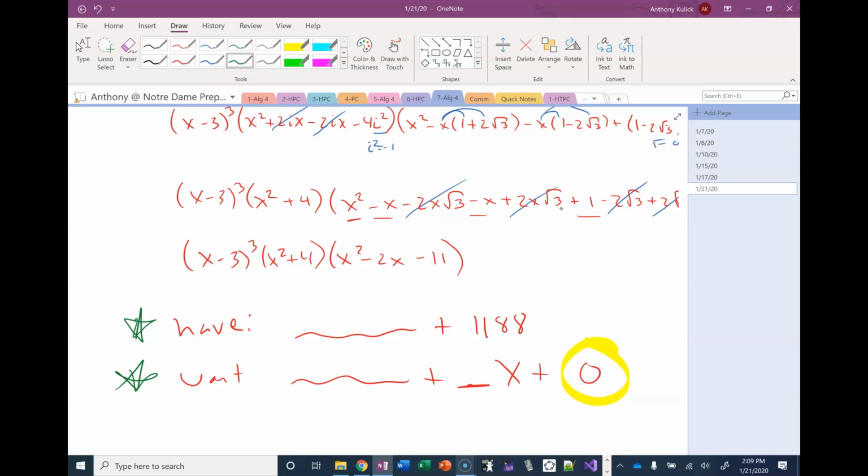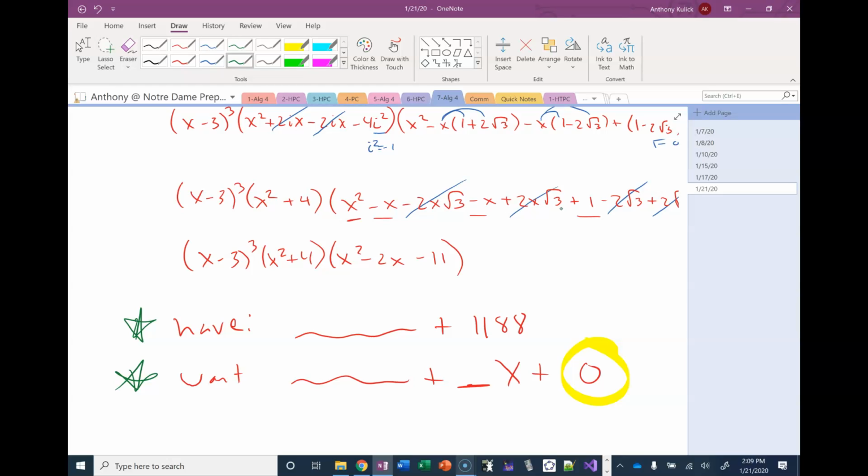So is there something we could divide or multiply this by? So I have something that ends 1,188, and I want it to end with some coefficient. It doesn't matter. It could be 5, could be 7, could be 13, negative 56, 10,142. I don't care. But then x.